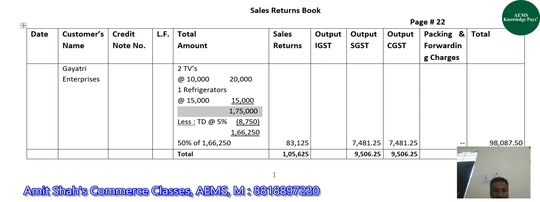Total is 35,000, less 5% trade discount, that is 1,750. So the net amount is 33,250, and that would be the amount of sales returns.